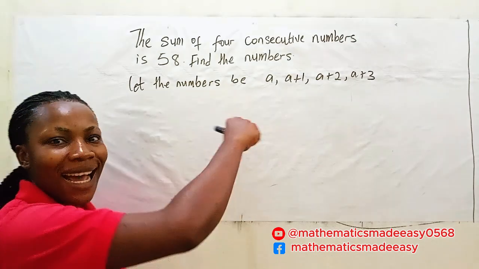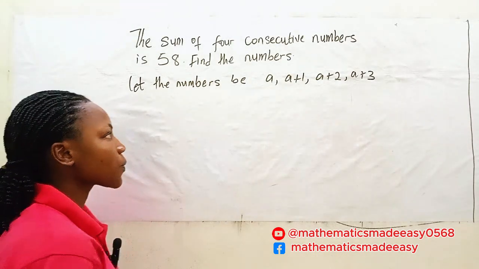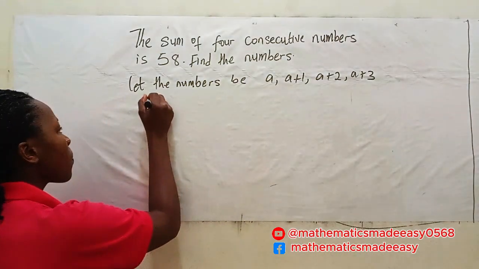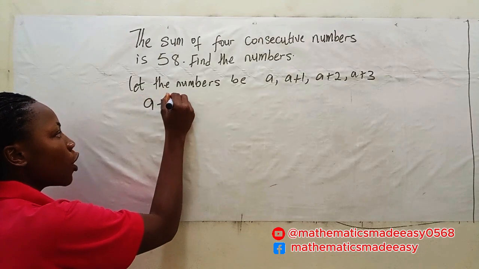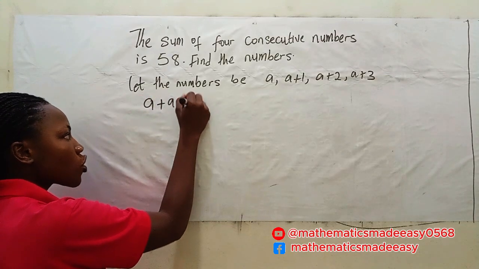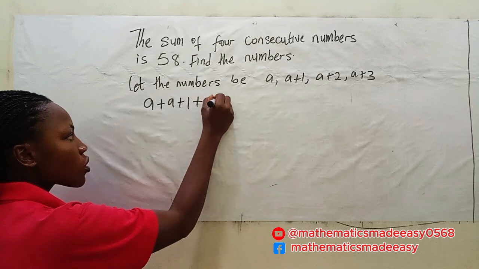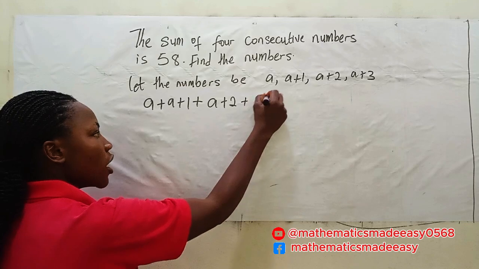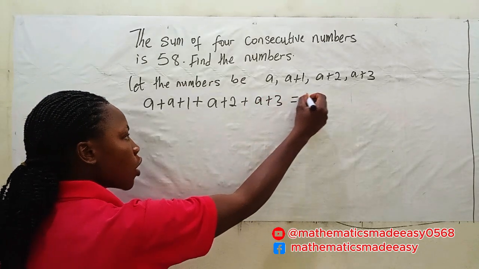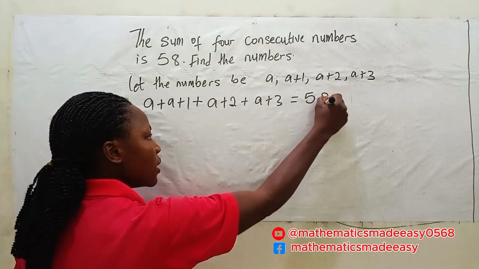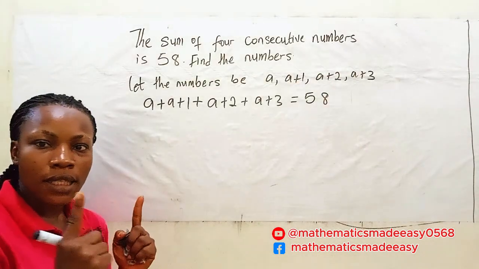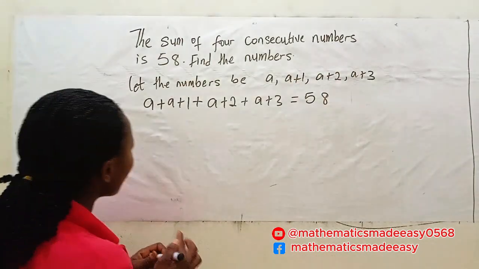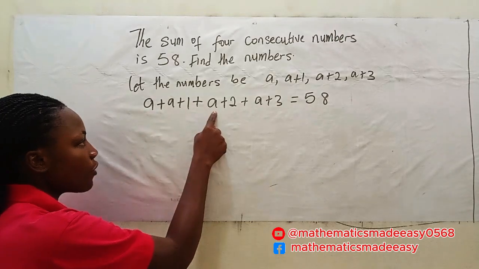Okay, so now let's add them together. So we're going to have a plus a plus 1 plus a plus 2 plus a plus 3 equals 58. Are you getting it? Now, we have a here, we have a, we have a, we have a.